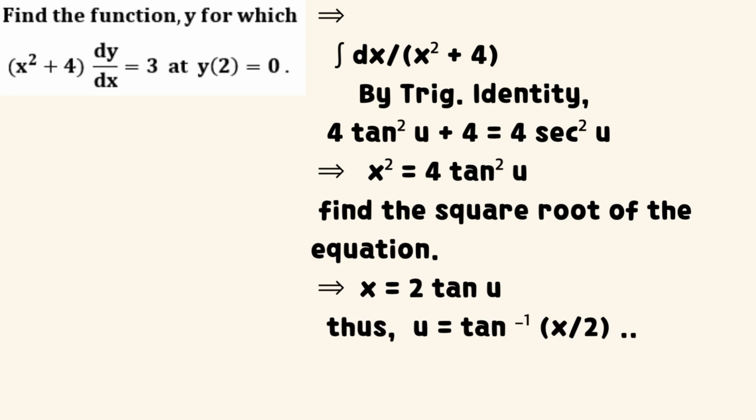For the square of x equals the product of 4 and the square of tan u, find the square root of the equation. We have that x equals the product of 2 and tan u. Thus, u equals tan inverse of half of x. We call it equation 1.